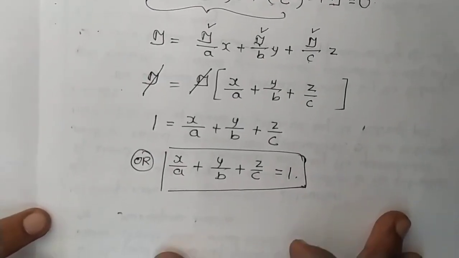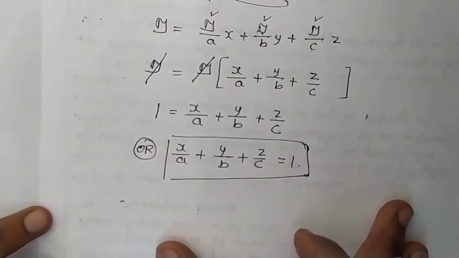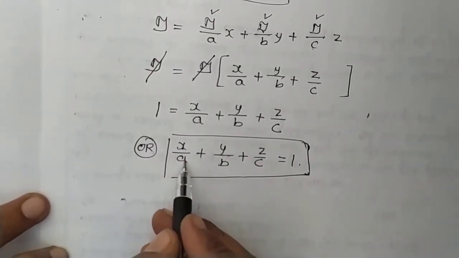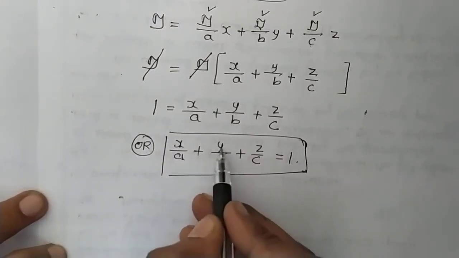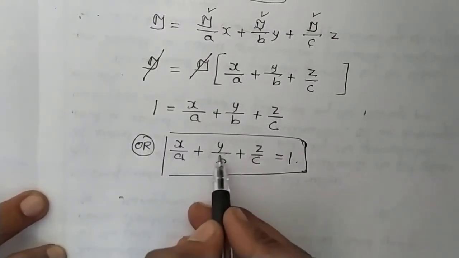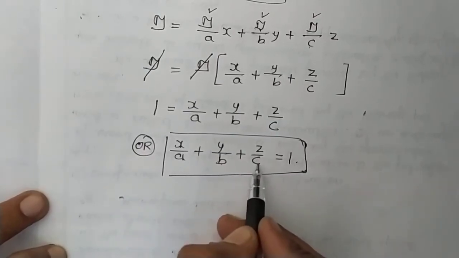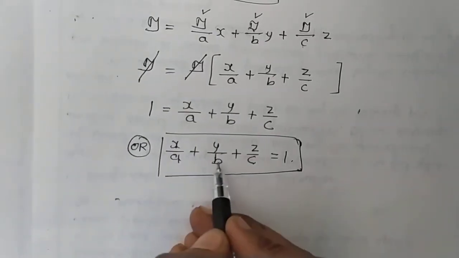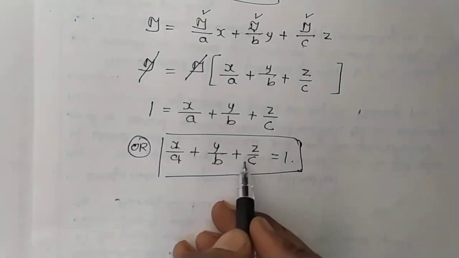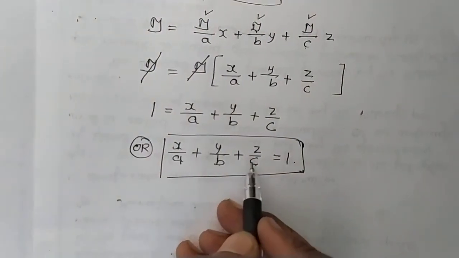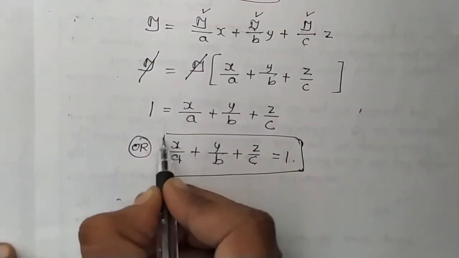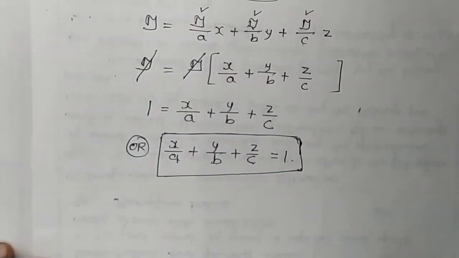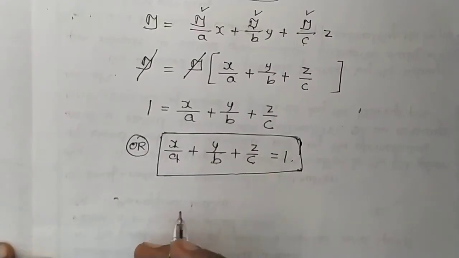And also one more thing, in this equation we have one note point: x intercept will be plus A, y intercept will be plus B, z intercept will be plus C. Based on this derivation, maybe there is a possibility to ask one more question in your annual examination.